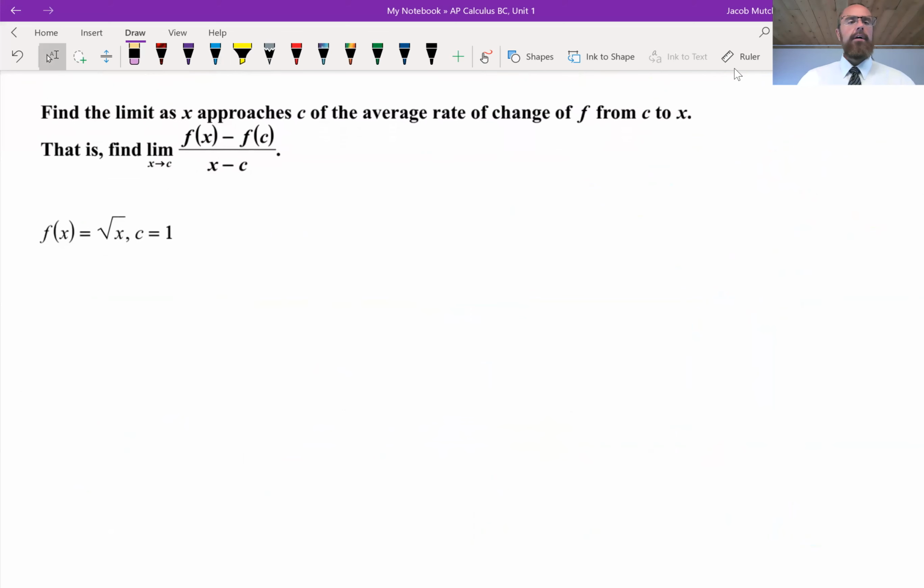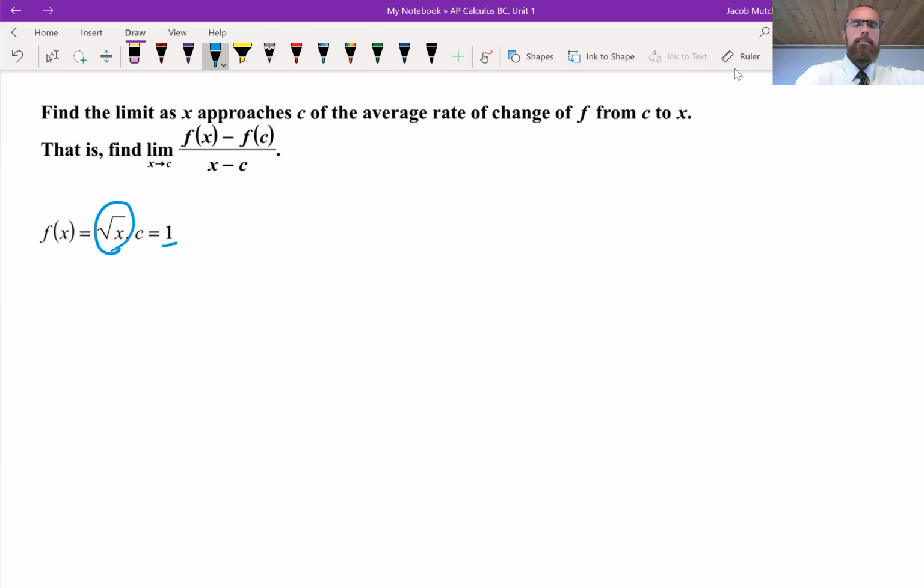So here we want to find the limit as x approaches c of the average rate of change of f from c to x. So we're going to use that same limit as x approaches c of f of x minus f of c over x minus c. What changes here is our two functions. So we've got square root of x as our function, and our c value is 1.